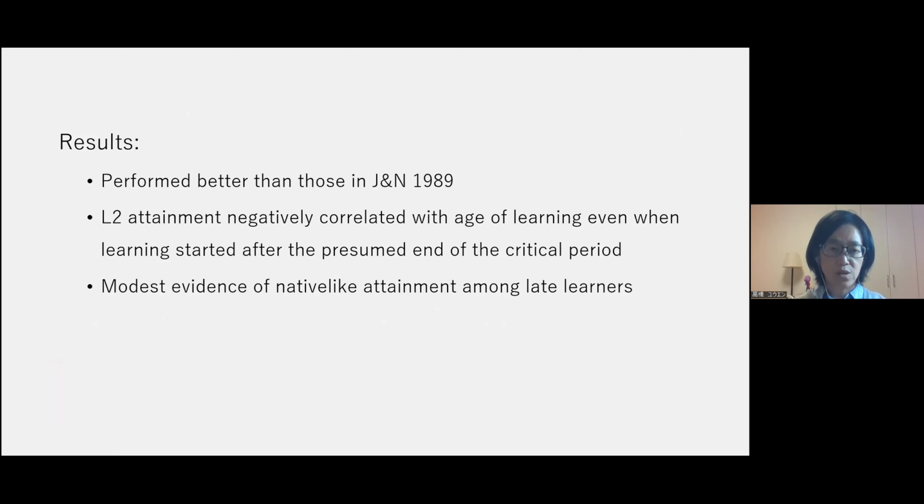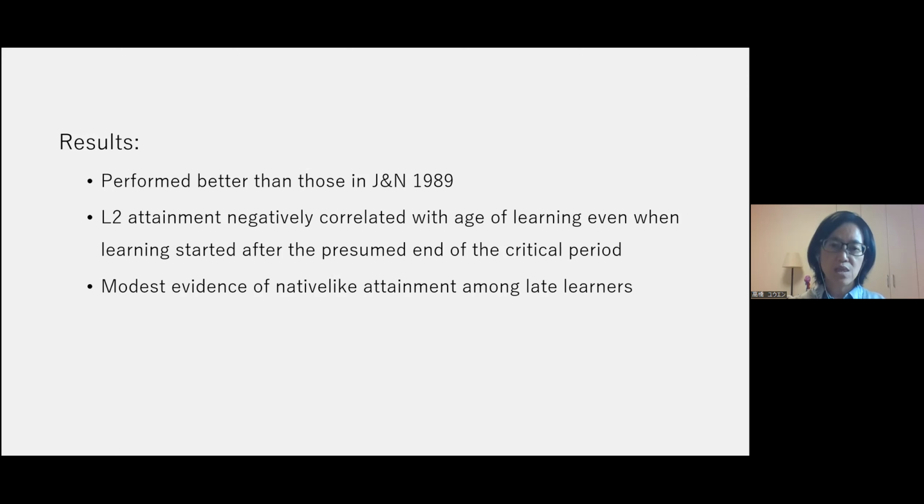their participants performed much better than those in the Johnson and Newport study, and the L2 attainment was negatively correlated with age of learning, even when the learning started after the presumed end of the critical period.